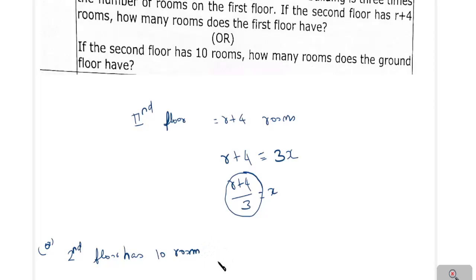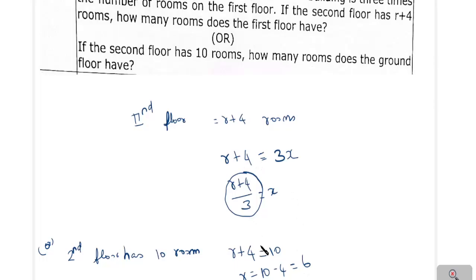As already stated, this is the count of the second floor. So R plus 4 equals 10. Then R equals 10 minus 4, equals 6.